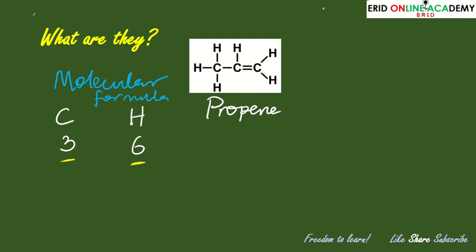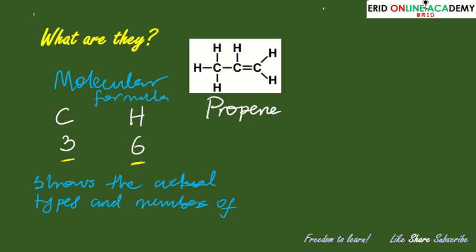So we can say that a molecular formula shows the actual types and number of each atom present in a compound.